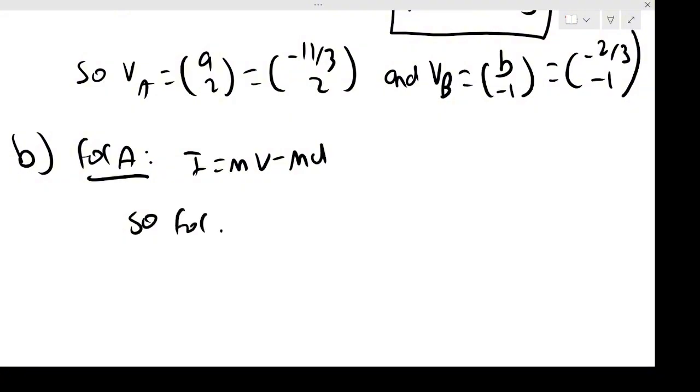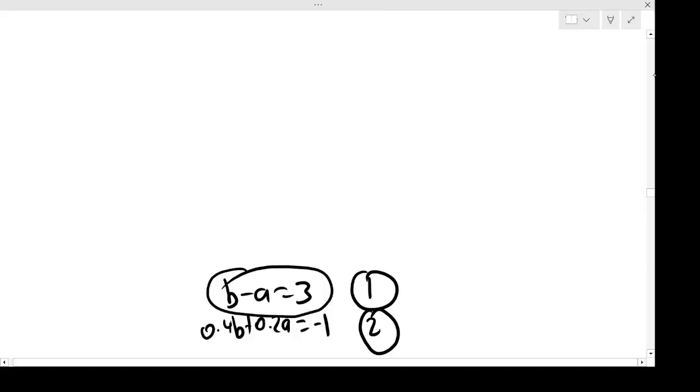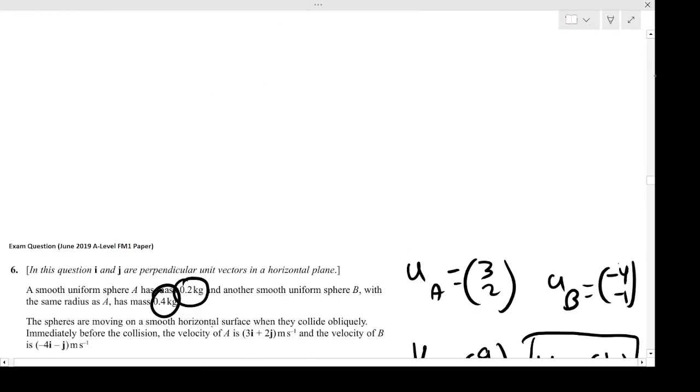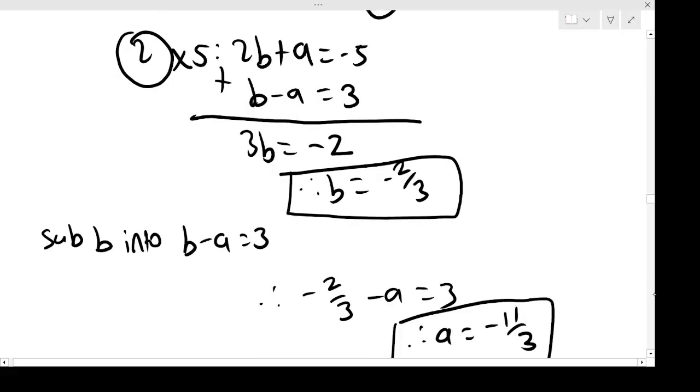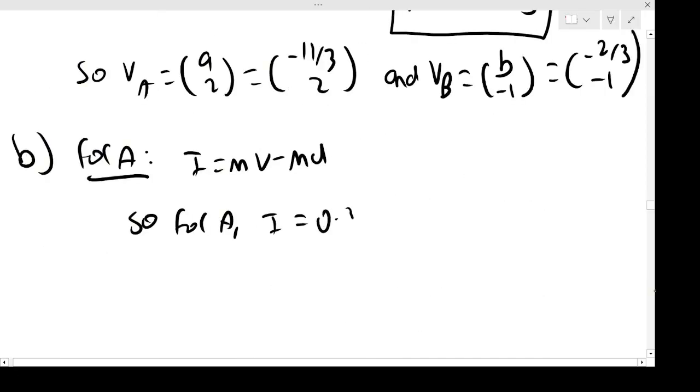So for A, my impulse, now the mass for A was 0.2, I believe. Yep, 0.2. And then if I pull that mass out, I'm going to get V take away U, so that would be 0.2 times V minus U.